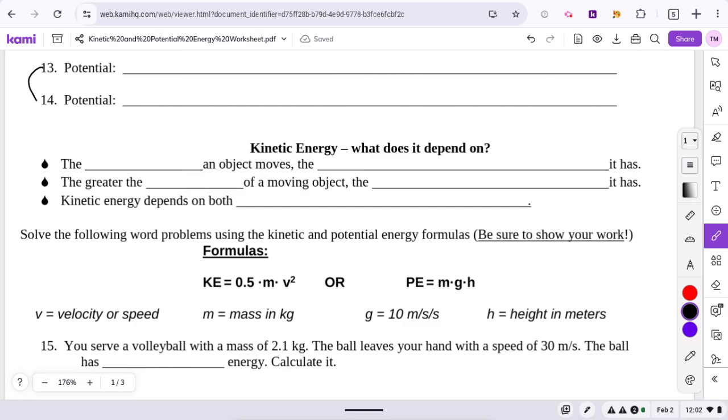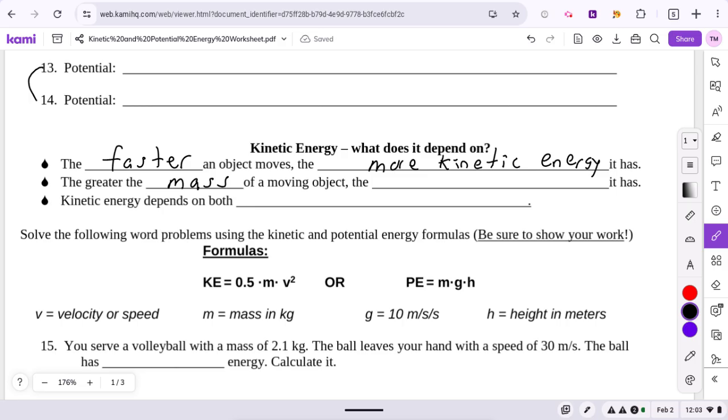So the faster an object moves, the more kinetic energy it has. So you just have to fill these in with the proper missing words. The other word here would be mass, the greater the mass.